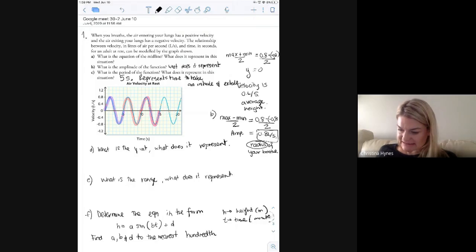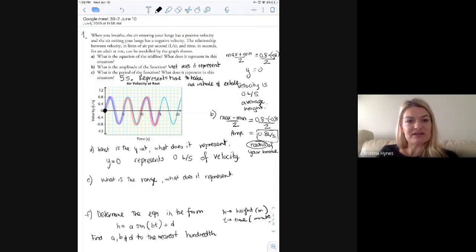So that's question C. Question D, it says, what is the y-intercept? The y-intercept is where the graph starts at. So as you can see, the graph starts at y equals 0. So this represents 0 liters per second of volume, or actually of velocity. And so this is when the experiment started.